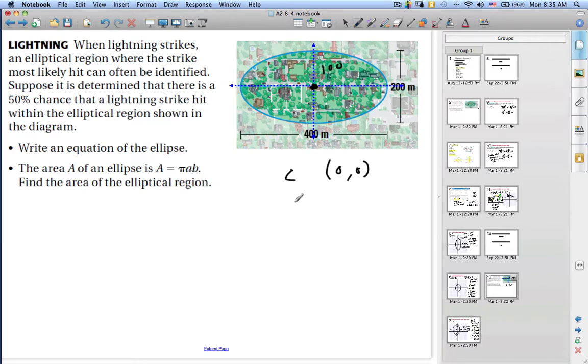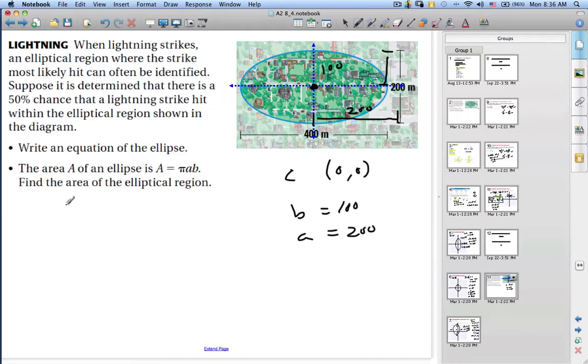And this would be my b value. B would be equal to 100. And this distance here is half of the 400. That's 200. So I know that A is equal to 200. And that's all I need.